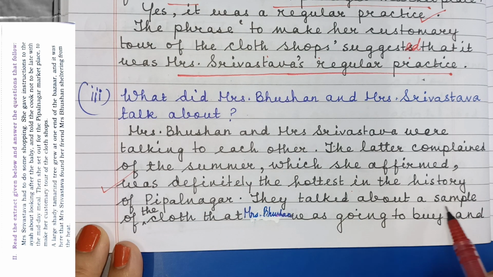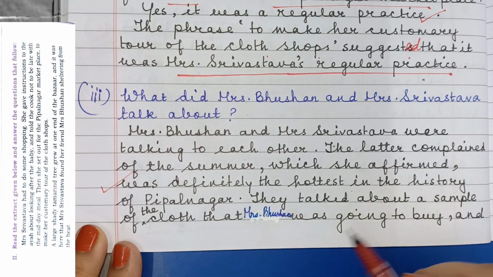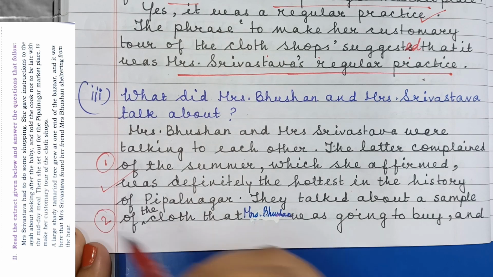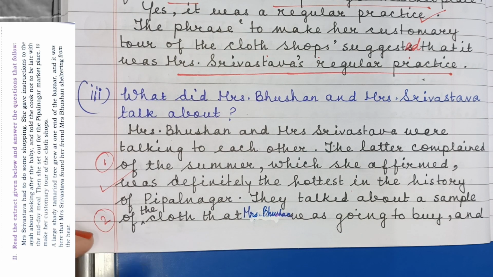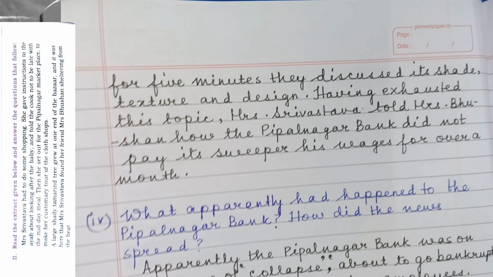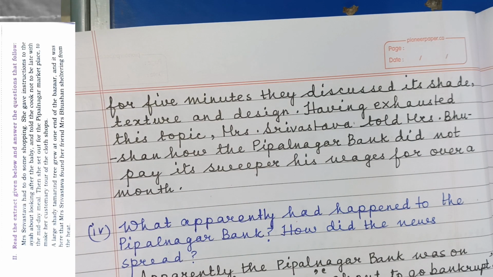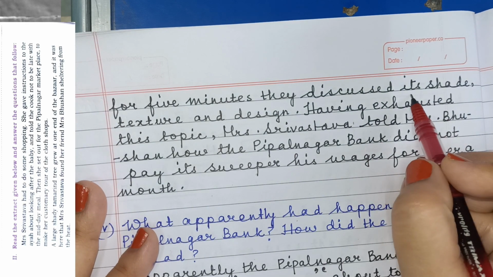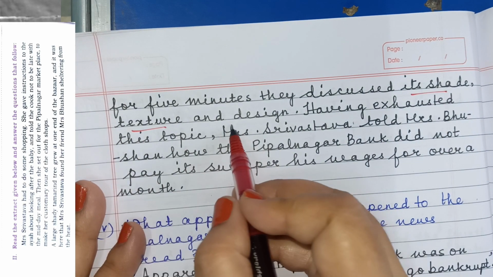They talked about a sample of the cloth that Mrs. Bhushan was going to buy. So this is number 2, the summer. They talked about the summer. Then they talked about the sample of cloth that Mrs. Bhushan was going to buy. And they also talked about, for 5 minutes, they discussed its shade, texture and design.